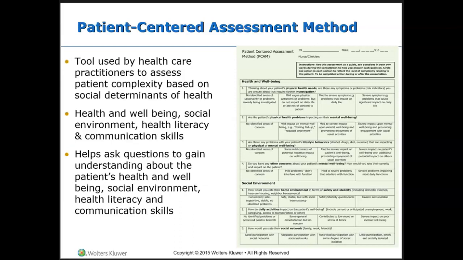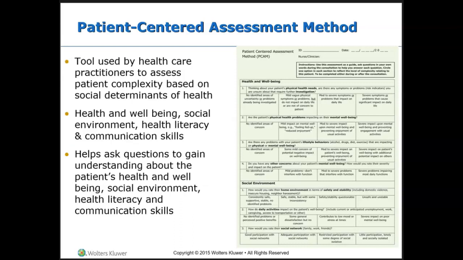How much can they understand or already know regarding their health and condition? These factors can play a large role in how a patient responds to their condition, to their treatment of their condition, and their recovery, and also after the recovery, right, to maintain their health.